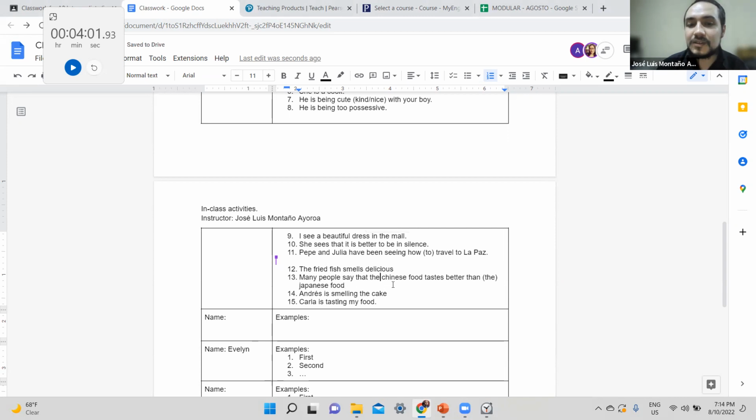Or you can say simply Chinese food without the. Okay, so you decide. You say the with Chinese food and with the Japanese food, or you don't say the. And you say, for example, many people say that Chinese food tastes better than Japanese food. Correct. Or many people say that the Chinese food tastes better than the Japanese food. Okay, so you have to use the, or you don't have to use it. All right, just that one, Evelyn.